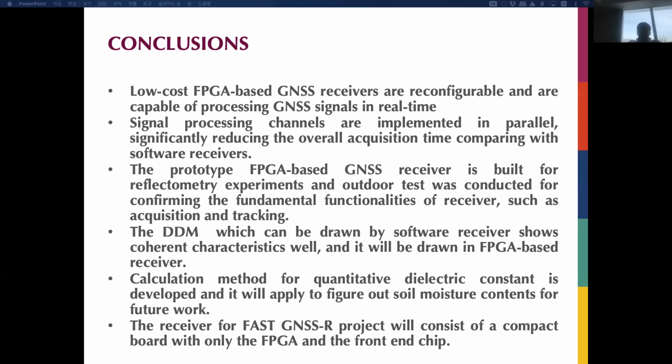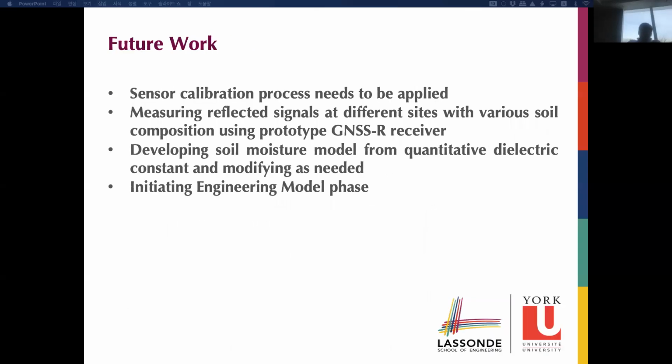Later on, we will improve our receiver and try to put it on a UAV, an airplane and a satellite to get the soil moisture, and then we will apply this data to other applications.